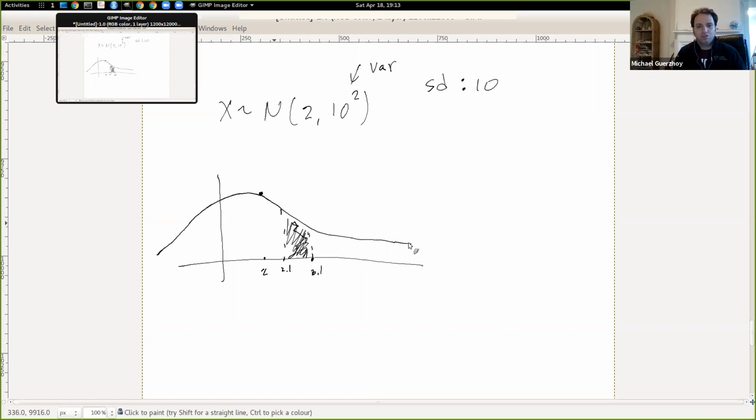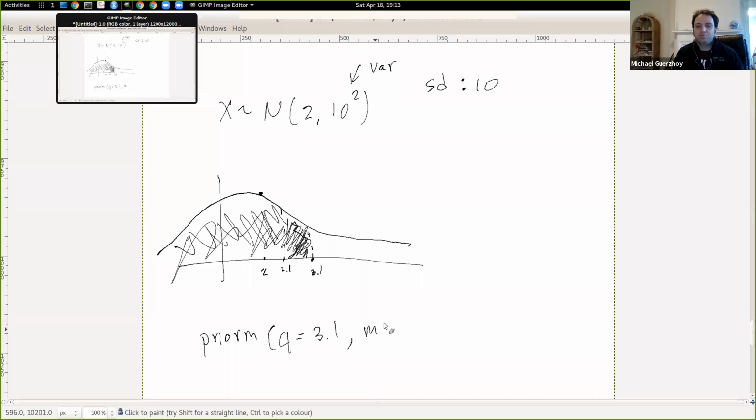So one way to do it is to compute the area up until 3.1, and then subtract the area that's up to 2.1. So this would be pnorm. pnorm is the area under this curve up to 3.1. That also means that's the probability of x being 3.1 and less.